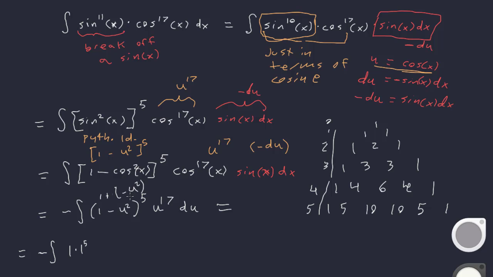We often don't have something actually squared in here when we do this, so we just need to make sure we put it in where needed. All right, so this will be the coefficient 1 times 1 to the 5th, then plus 5 times 1 to the 4th times negative u squared to the 1.